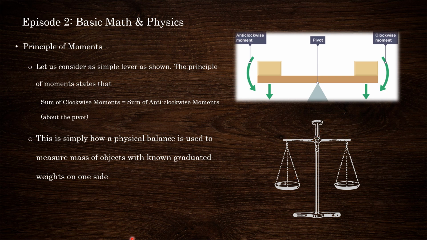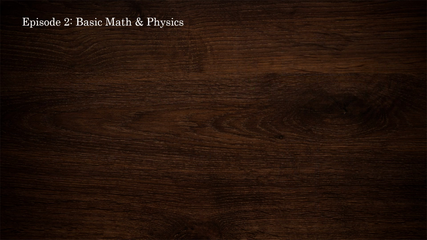That's what it means. So we'll use this more, but let's look at some physical examples of the principle of moments, of course, using the physical balance to measure the mass of one side with the number of vegetables you're buying. That's one example. It's the same principle of moments concept that is actually applied in even slightly more complicated systems.